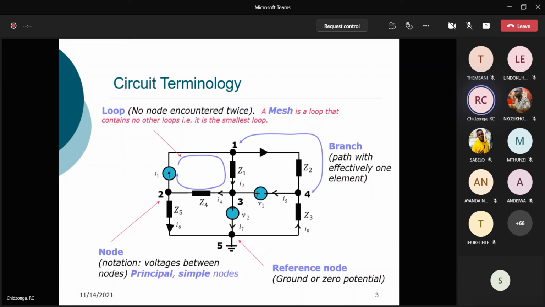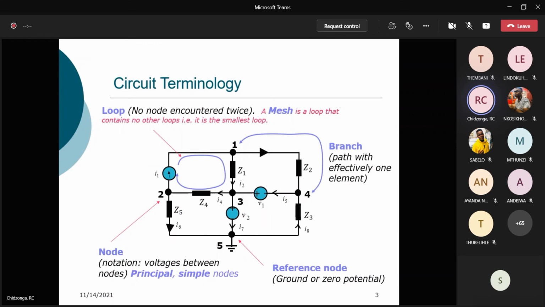Now, in every circuit, there is what we call a reference node. The reference node is where you put the black cable of your multimeter, and then you put the red cable of the multimeter at the point where you want to measure the voltage.